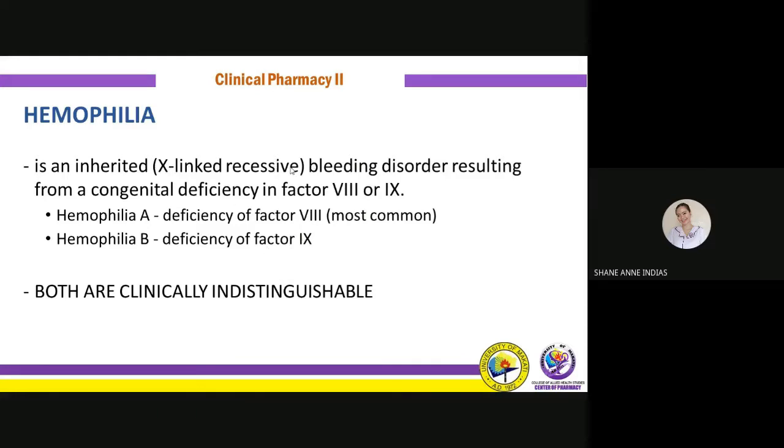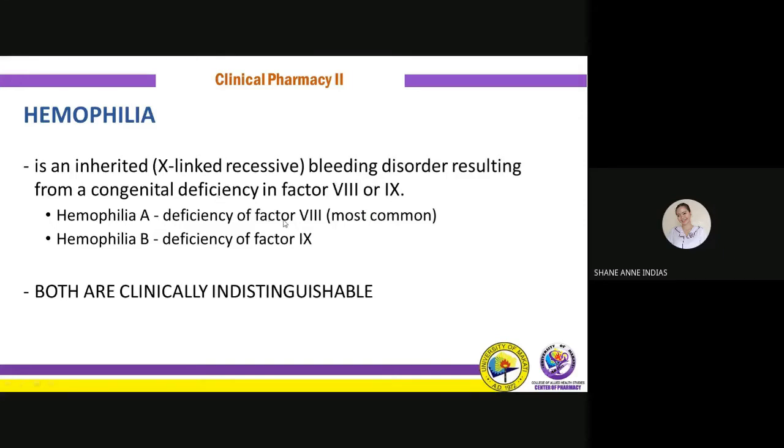So X-linked recessive siya, meaning yung mostly affected ay males kasi as we all know, yung chromosomes ng male ay X and Y, while yung mga females naman yung mga affected females, normally, mga carriers lang sila kasi yung chromosomes nila ay dalawang X. So, yung isang X chromosome is unaffected. So, parang ganun lang yung basic explanation ng X-linked recessive bleeding disorder.